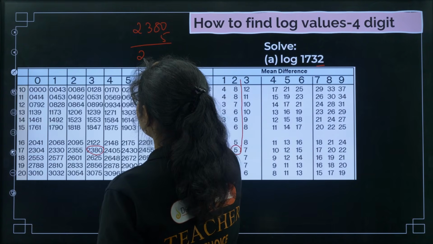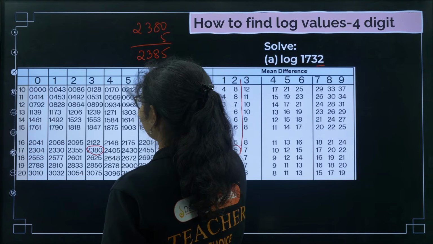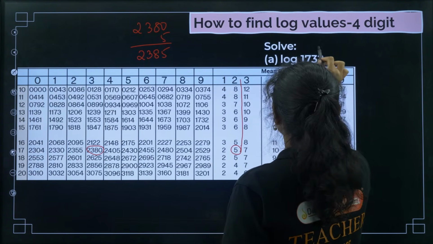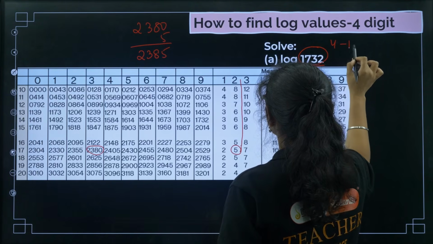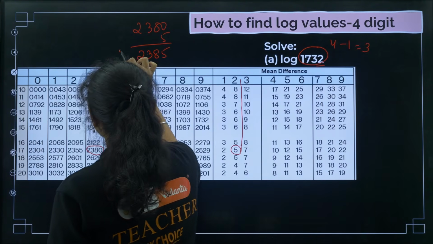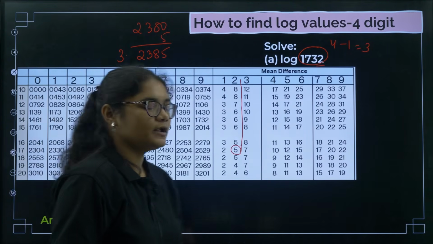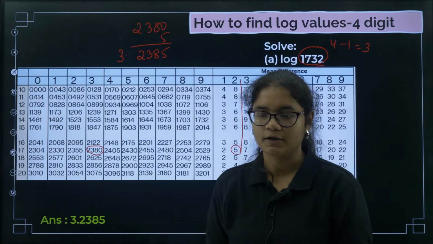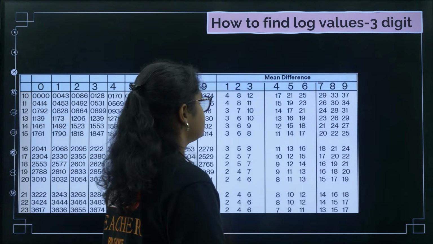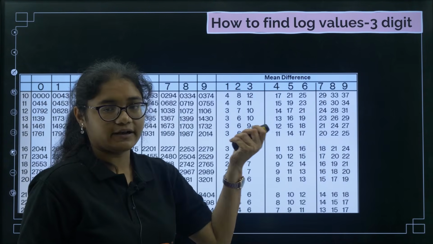We need to add this one: 2385. Next, how many digits are here? 4. 4 minus 1 is 3. So I'll put 3.2385. So the correct answer is 3.2385. Got it?